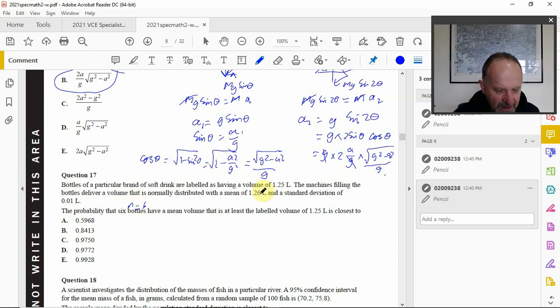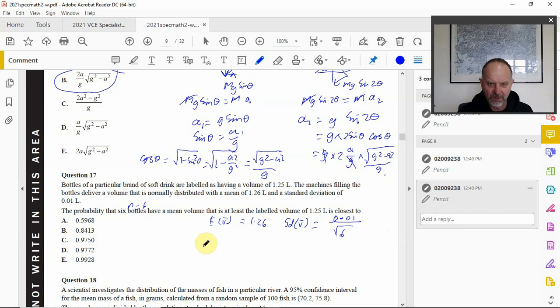We're taking a sample here, so the expected value of the sample mean is the same as our population mean. The standard deviation of our sample is our population standard deviation divided by the square root of n.